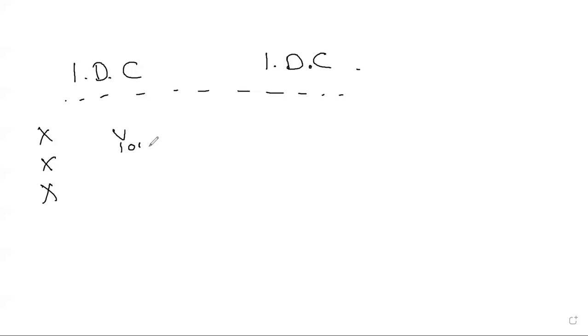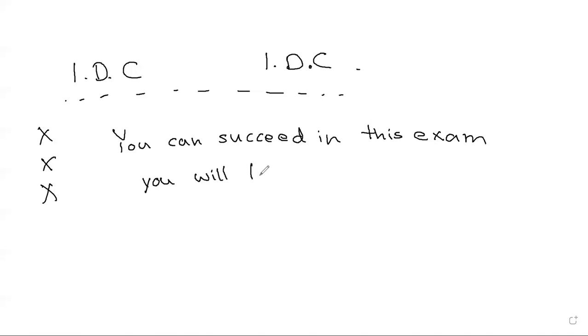You can succeed in this exam. And then we want to say, you will leave your school. So you have two options. First, you can succeed. If you don't succeed, you will leave. So how do we say it? Like, how do we put this?